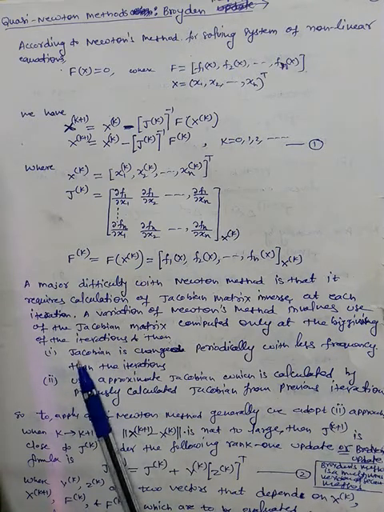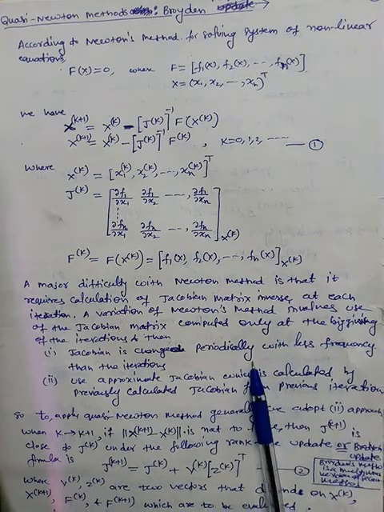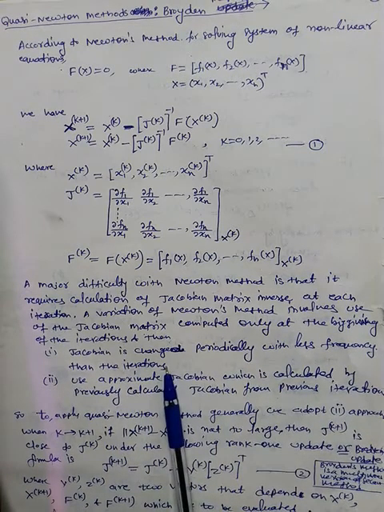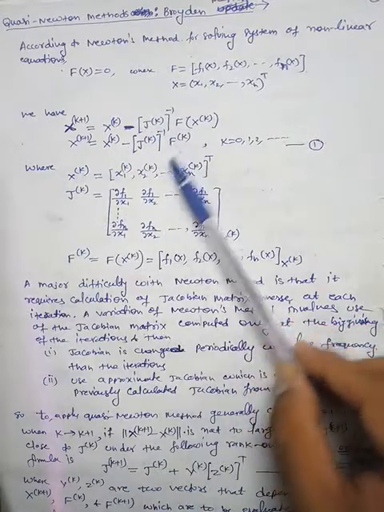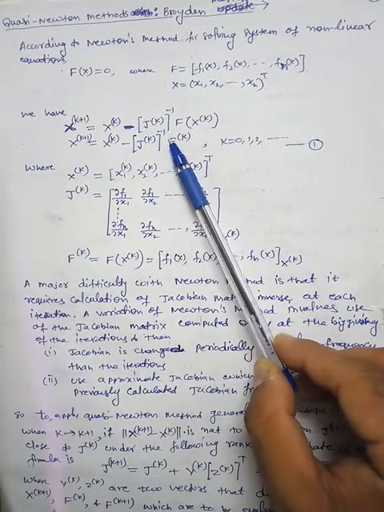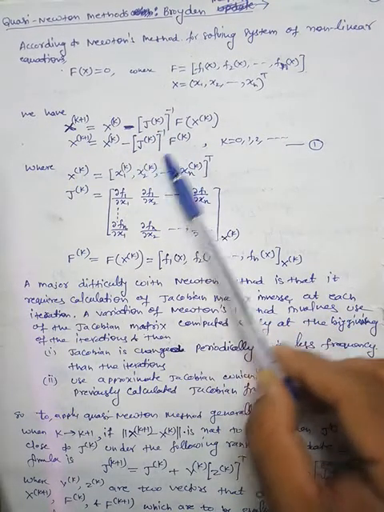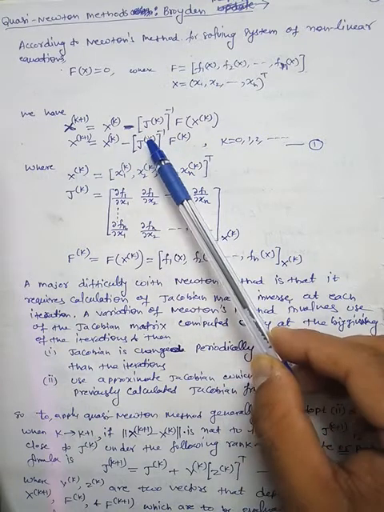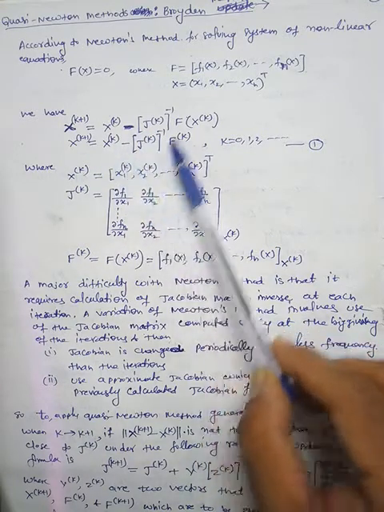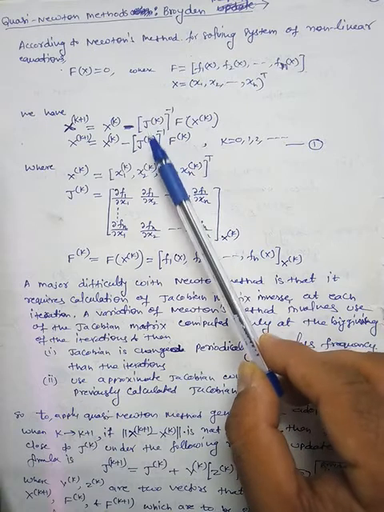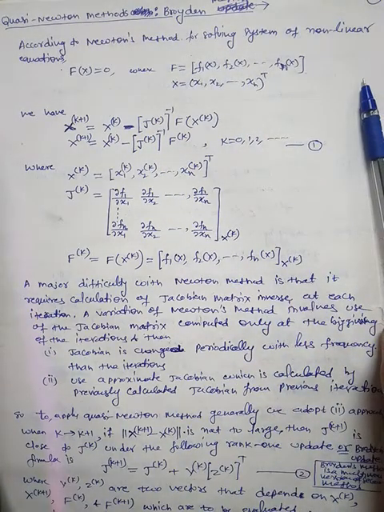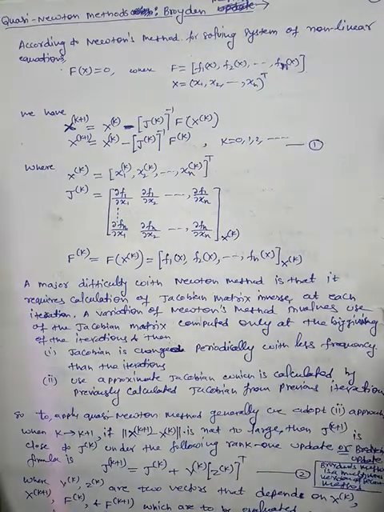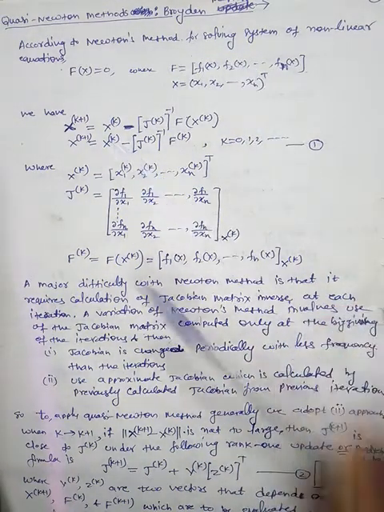One is that the Jacobian is changed periodically, with less frequency than the iterations. That means we will not find the inverse at every stage. For example, we will update our inverse after, say, 5 iterations. Initially we will compute the Jacobian inverse, then after 5 iterations we will update it, then at the 10th iteration, periodically, not at every iteration. Okay, this is one way.